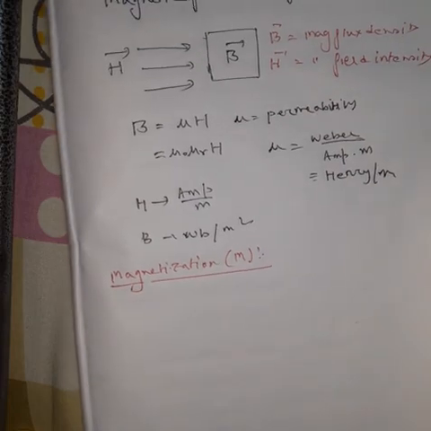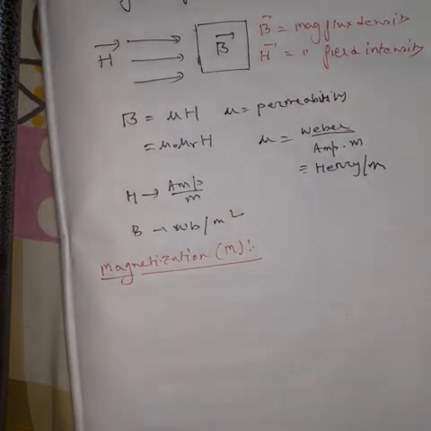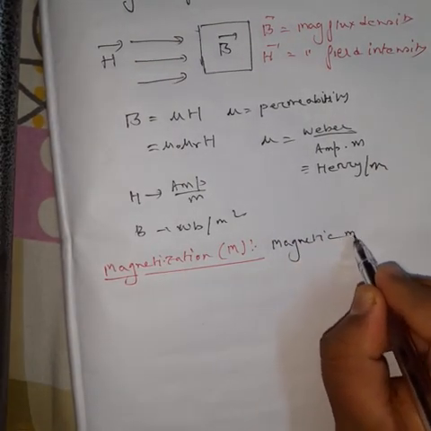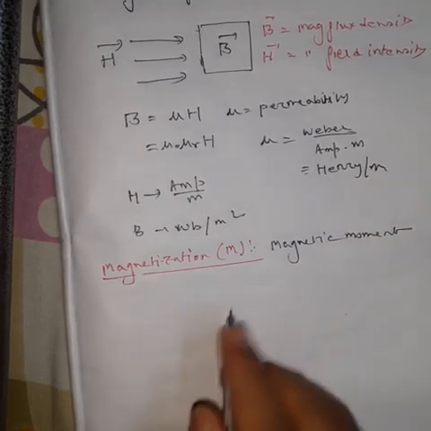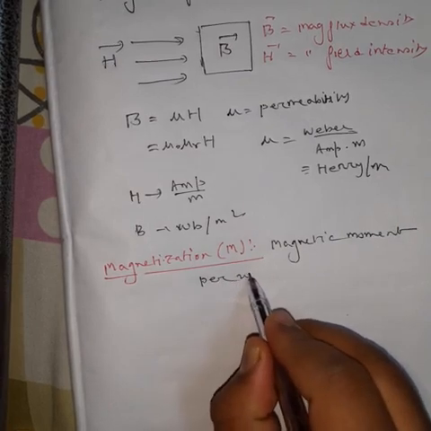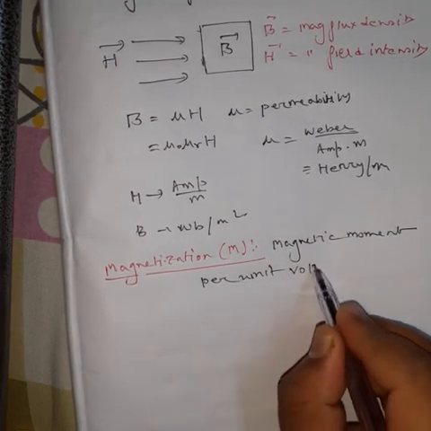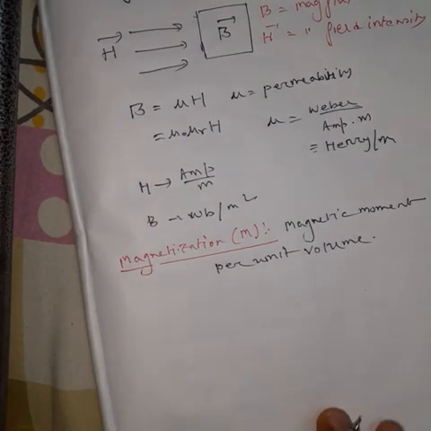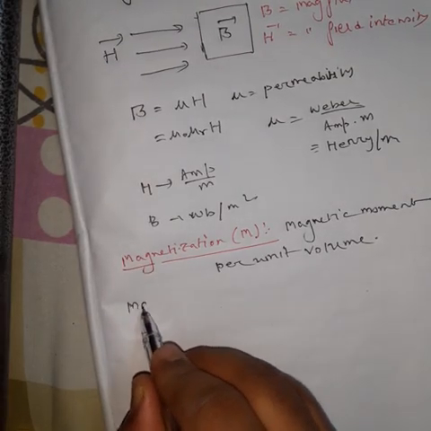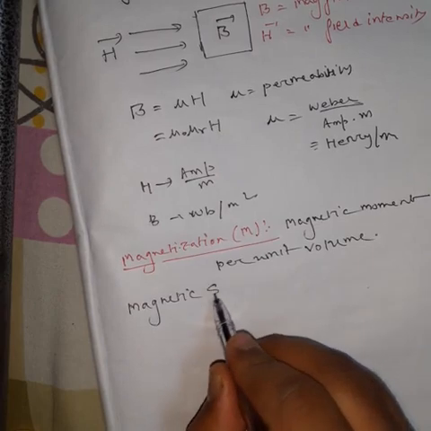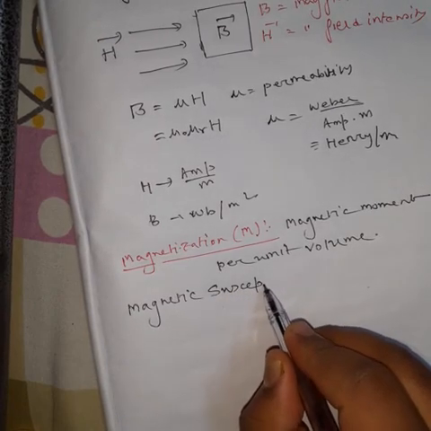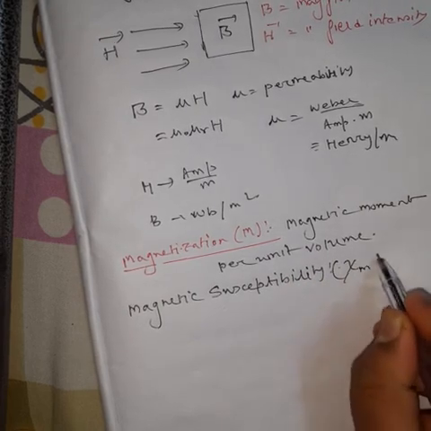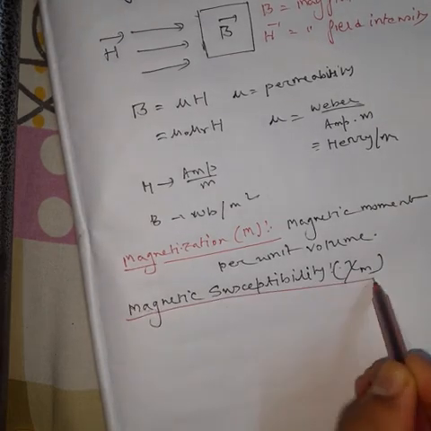Polarization was the dipole moment per unit volume, so this is magnetic moment per unit volume, and this is denoted by M. Then we also have something called magnetic susceptibility, as I told you in the previous class. We denote it by chi m.